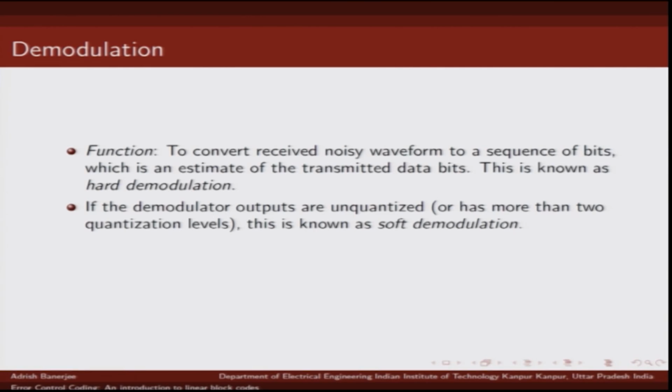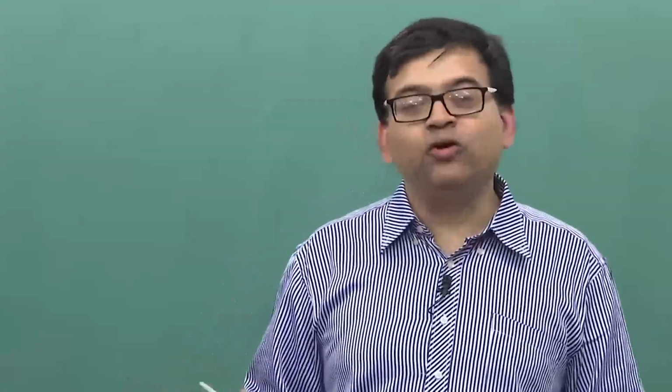In hard demodulation, we basically lose a lot of information. For example, consider binary transmission, where you are sending zeros and ones using binary phase shift keying. Let us consider a scenario where 0 is mapped to +1 and 1 is mapped to -1, and let us say the received symbol was 0.01.